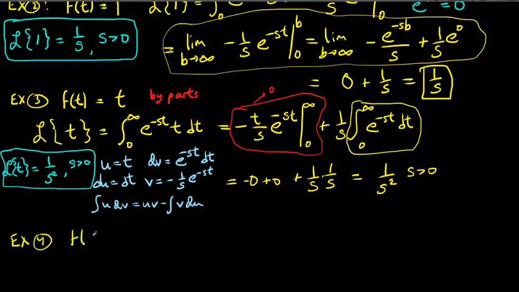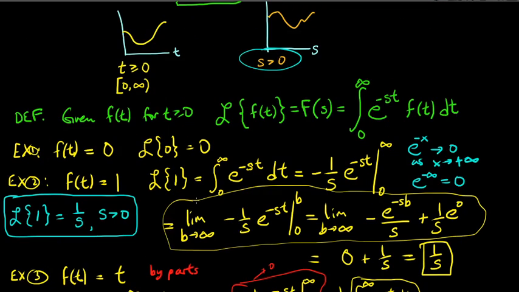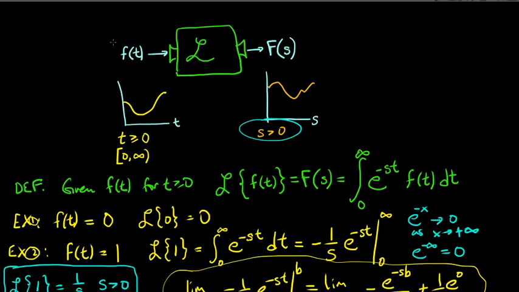So you know what? I'm going to switch variables here. But before we do the next example, let me go back up here. You're not always going to see f of t. You might see x of t. If that's the input function, the output function will be capital X as a function of s.